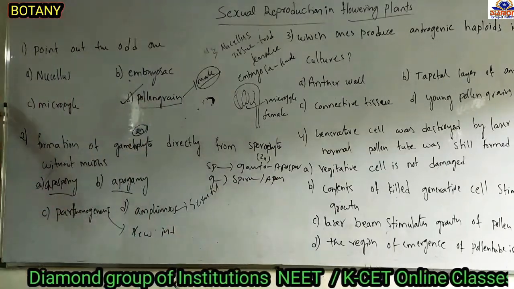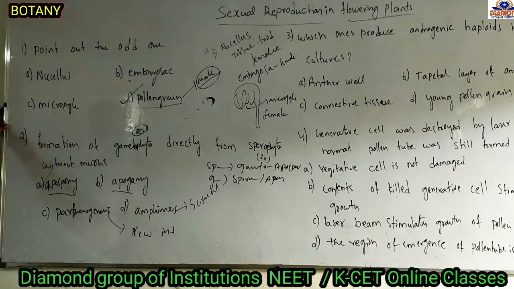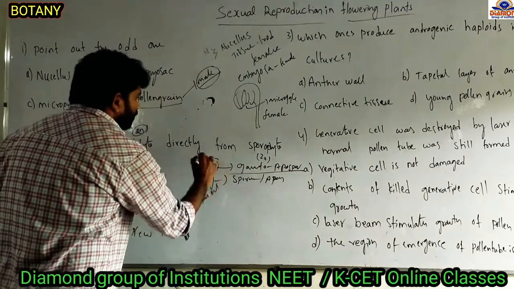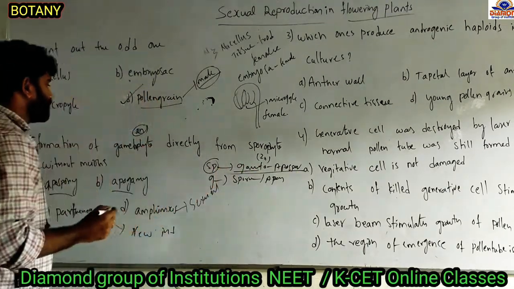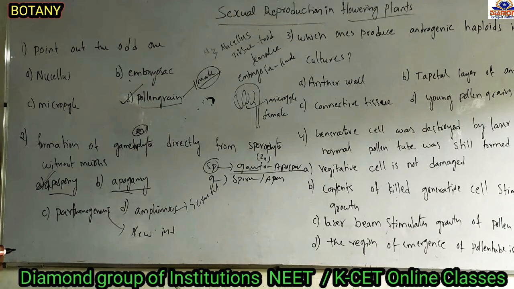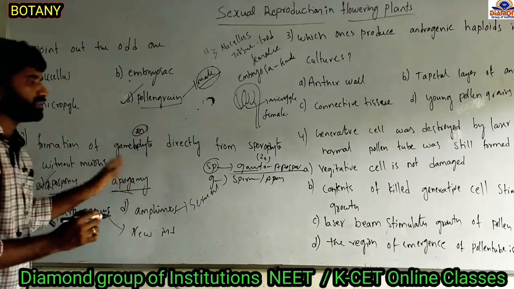So the question is asking about formation of the gametophyte from the sporophyte, which is called apospory. So the answer is apospory. Apogamy means formation of the sporophyte from the gametophyte body.